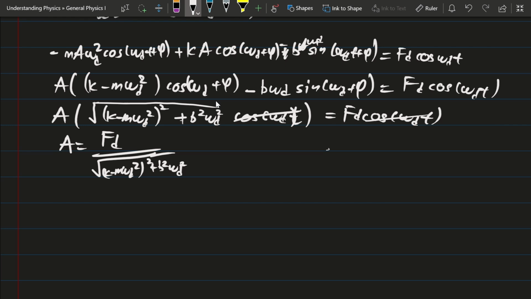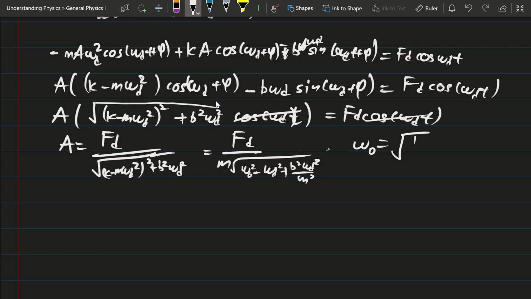So after this, you could actually just divide everything by m. No, sorry. You multiply the bottom by m over m so that you could create F_d over m, the square root of (omega_0 squared minus omega_d squared) squared plus b squared omega_d squared over m squared, where omega_0 is the square root of k over m.